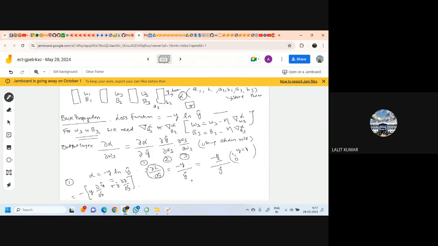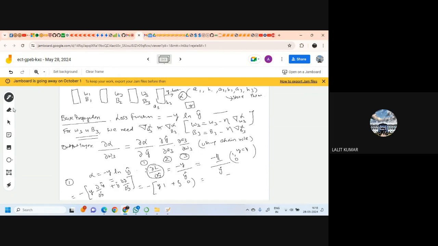This will become y into 1, and y hat into del y by del y hat, which does not depend on y hat, so it becomes 0. Sorry, I have written the loss somewhere as y into y hat.